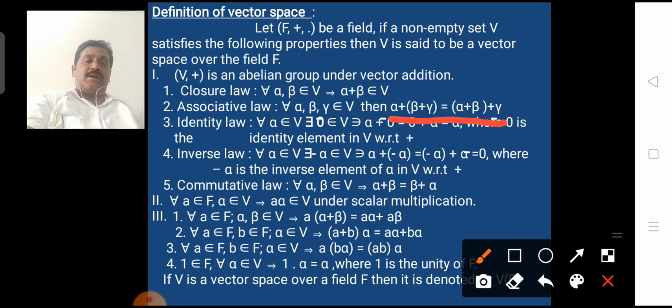And the third law is identity law. That is, in V there exists an identity element, that is called identity law.